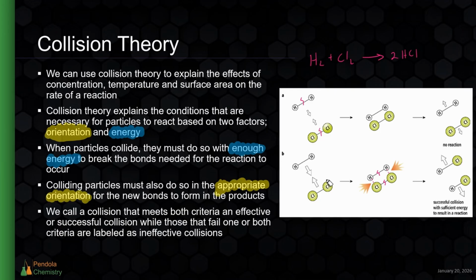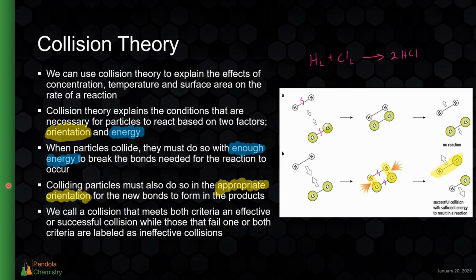That means that when these two particles collide, they need to do so that the hydrogen and the chlorines that are going to make these new particles are next to each other when they collide. Because if they collided end to end instead of side to side like this, then one of the chlorines and one of the hydrogens wouldn't have anything to react with after the collision, and so the reaction wouldn't happen.